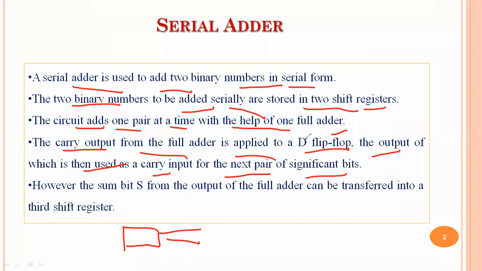The carry output of the full adder is applied to the D flip-flop, and then used as input for the next pair of significant bits. However, the sum bit from the output of the full adder can be transferred to a shift register. So the sums are transferred to the shift registers.